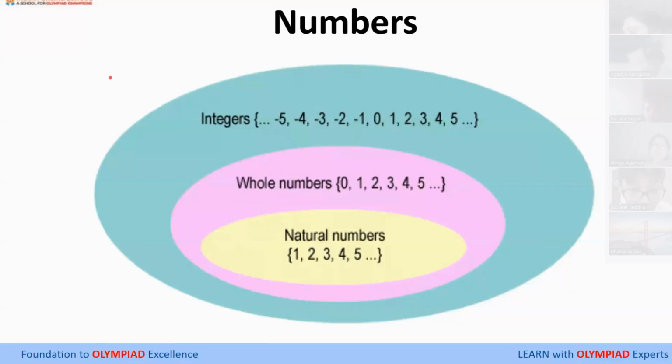You might have learned all intersecting lines are not perpendiculars, but all perpendiculars are intersecting, right? So it's the same logic. It's like all squares are rectangles, but all rectangles are not squares. It's something like that. I did not say whole numbers are natural numbers.